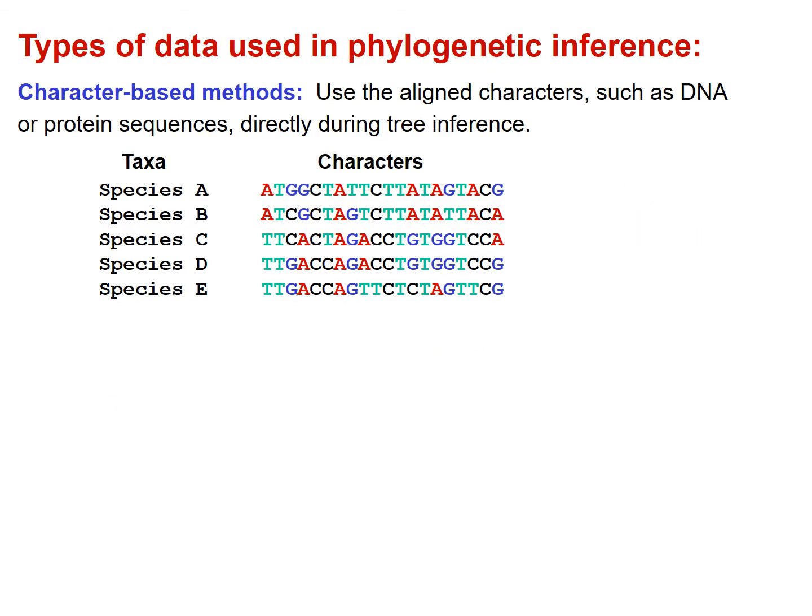So the data that we're going to use for building our trees is a character-based method. Now you could base this on the length of a femur, or how many bones are in a hand. But we're going to look at DNA sequence.